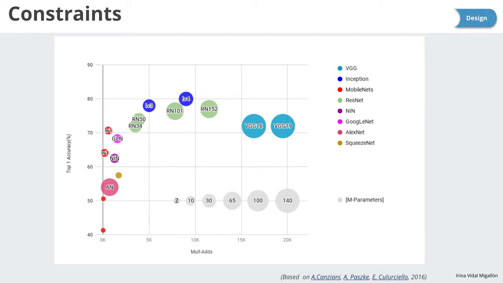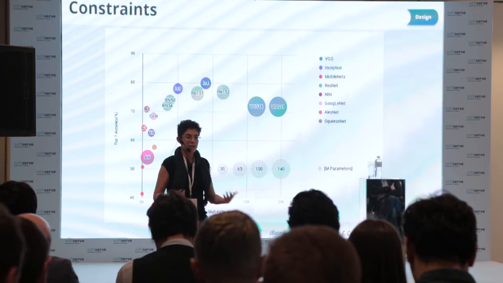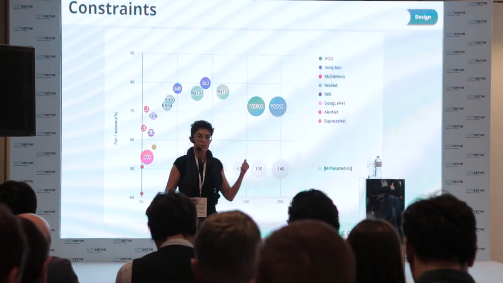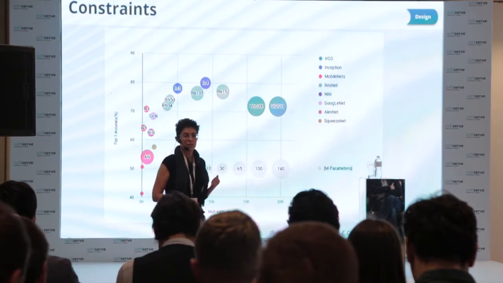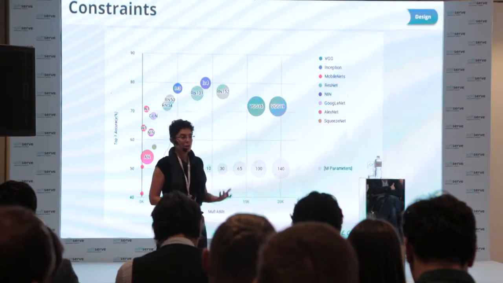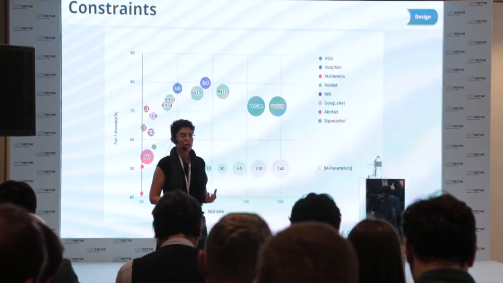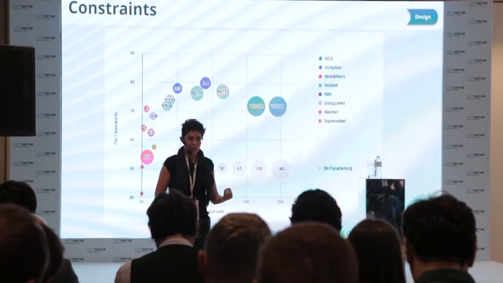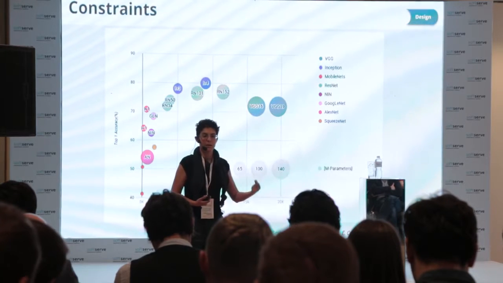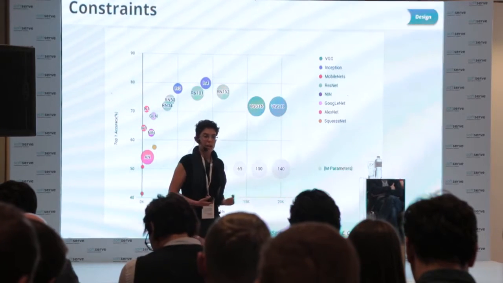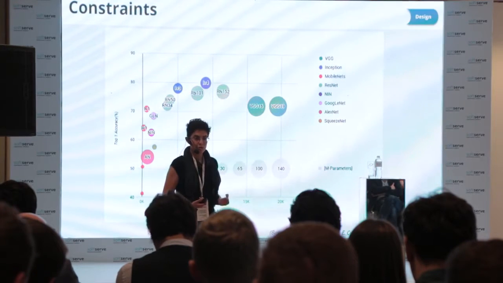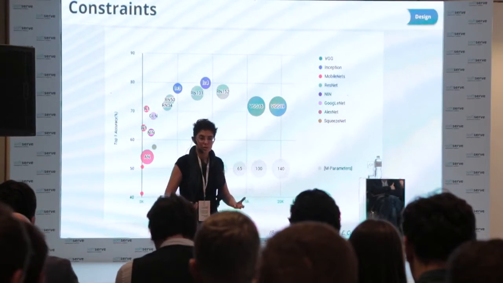If this morning you've seen in the opening speech how AI has already surpassed human levels in image classification, we looked at those models that had competed in such challenges. On the x-axis you're seeing the number of operations required to produce a single prediction for an image. On the y-axis, you're seeing the accuracy obtained by that model over ImageNet, and the size of the circles is proportional to the number of parameters in your model, so basically your memory footprint.